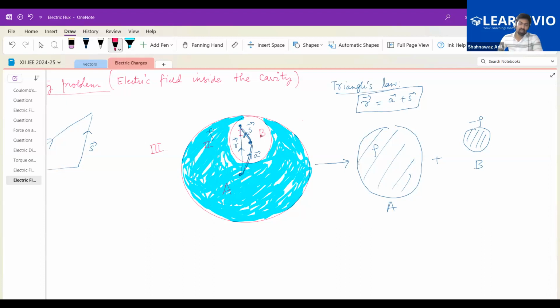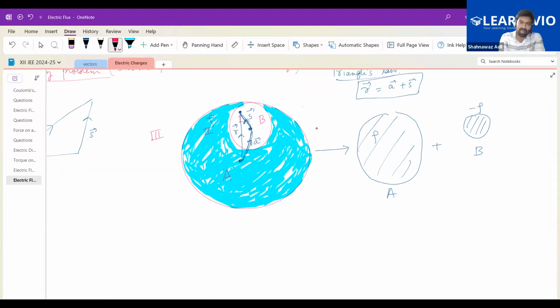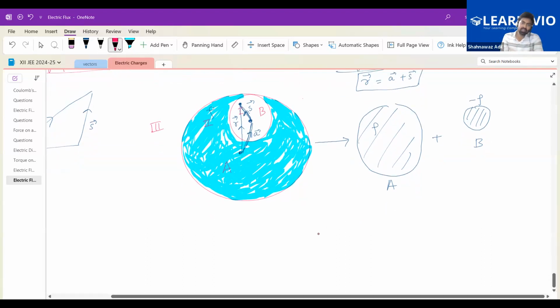So if we calculate the electric field due to A, what would be E_A? Remember, this one is the bigger one, which has charge density rho. And the point is inside that sphere, outside, or at the surface?